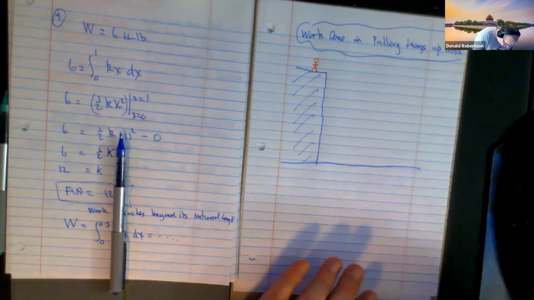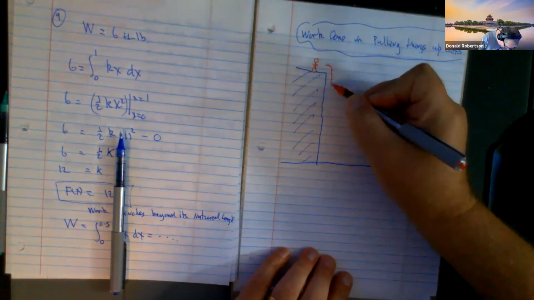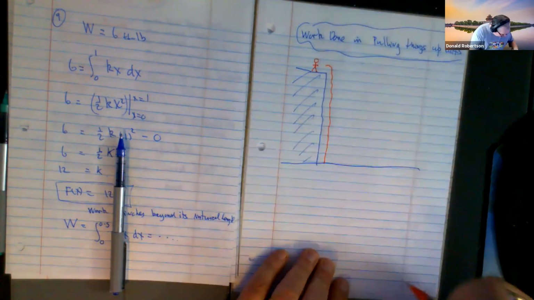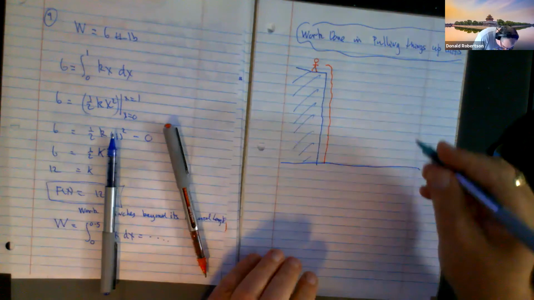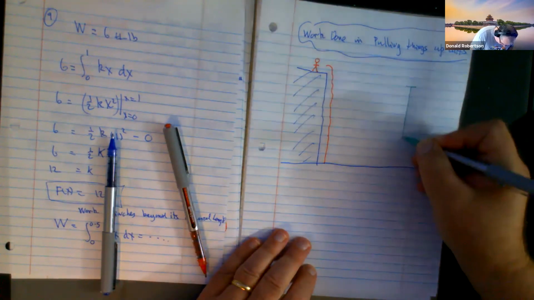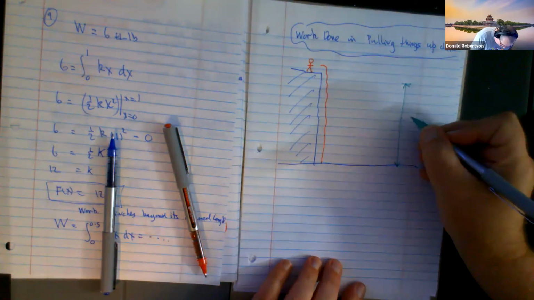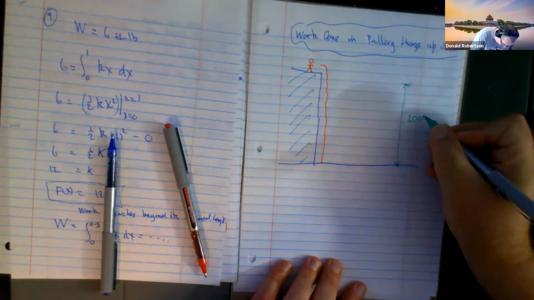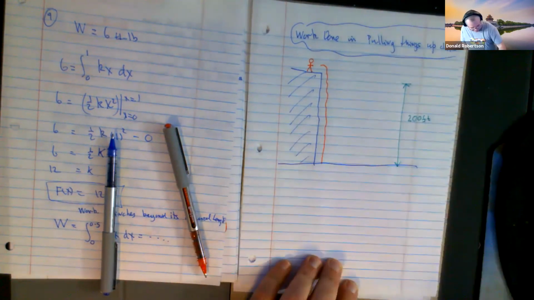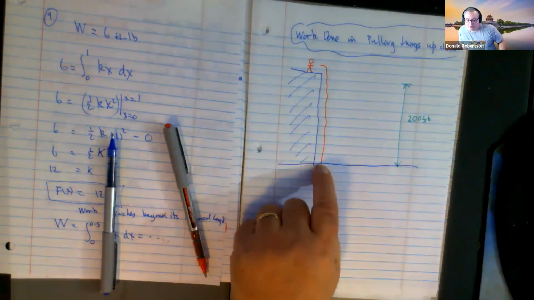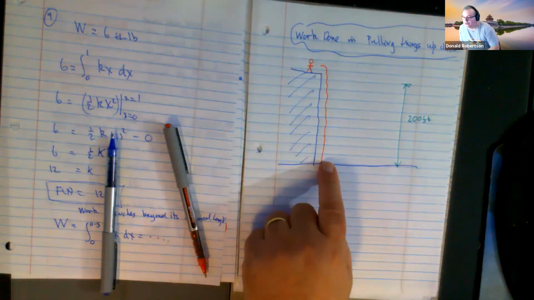And this guy has a rope. And I'm going to tell you that the height from the top to the bottom is 200 feet. And since this particular rope reaches the ground, the rope is also 200 feet.